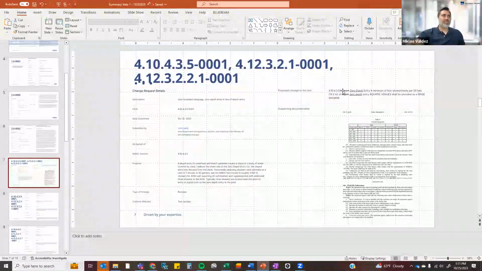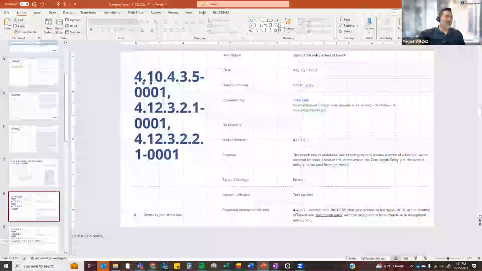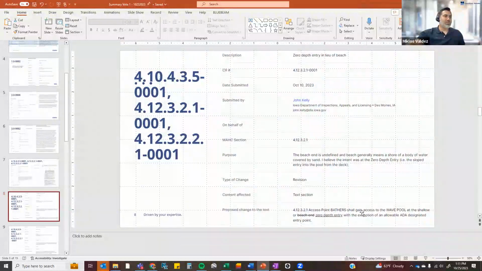There are a couple of sections that utilize beach entry because those terms end up being swapped out within our industry. So I think it just got overlooked. So we've got here in this section in 410, 435, we have the change, in this section 412, 321, very quick change.